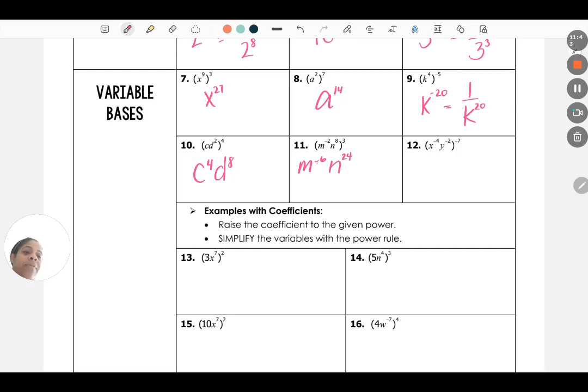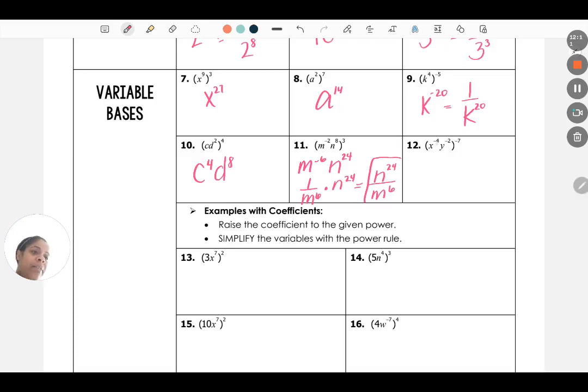But we have a negative exponent, so we need to rewrite this, and we rewrite this as 1 over m to the 6 times n to the 24th, which will give me n to the 24th over m to the 6. My final answer. All right.